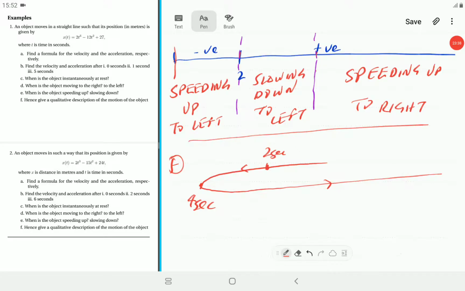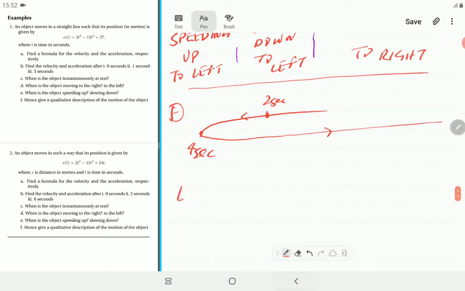Now we are going to put in some more details so that our description can be more complete. At t equals 0, we're going to work out the position of the particle by plugging t equals 0 into the x formula, and that gives us 27 meters.